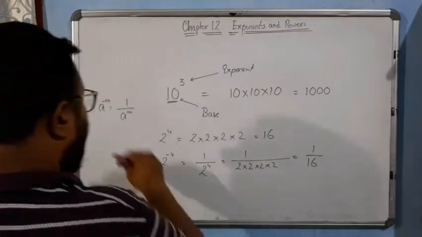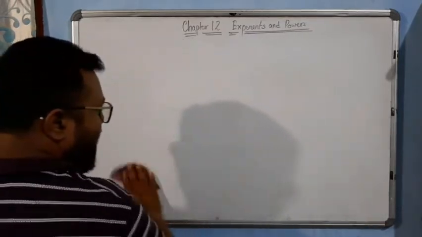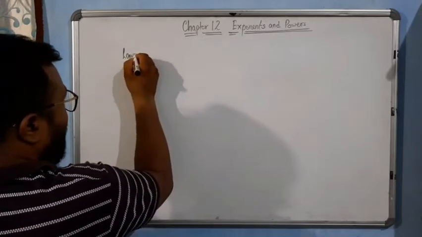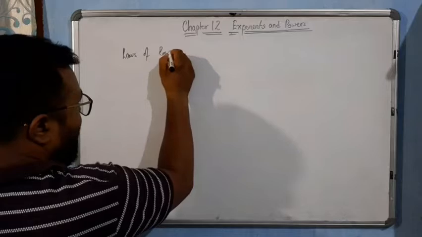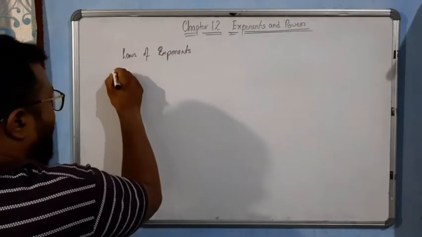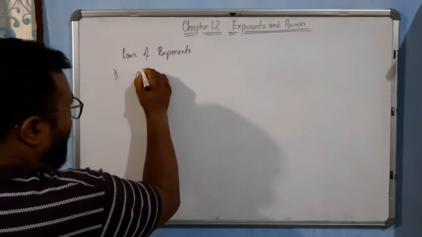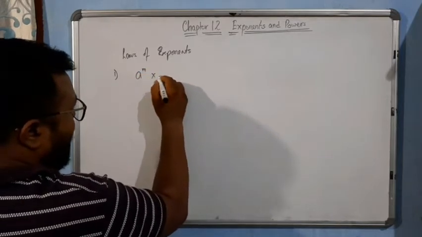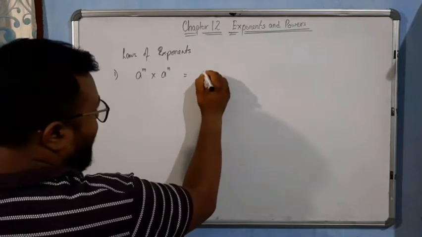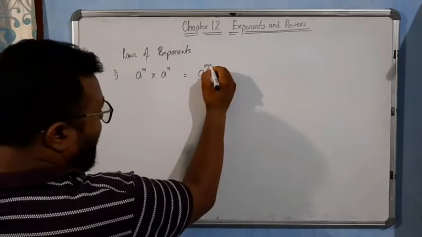Now let's talk about some laws of exponents. The first law: if a to the power m into a to the power n is there, then the result will be a to the power m plus n. When the base is the same, their powers are added.